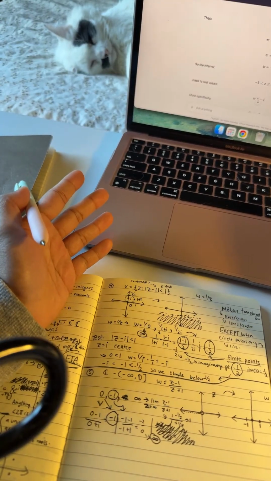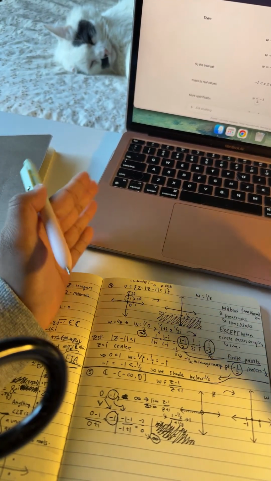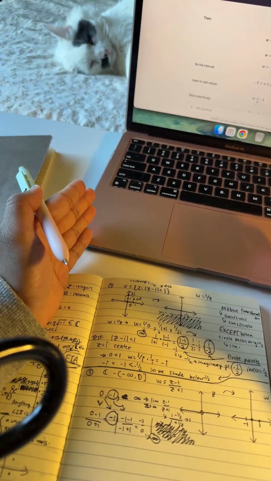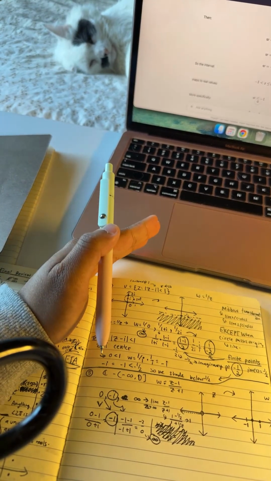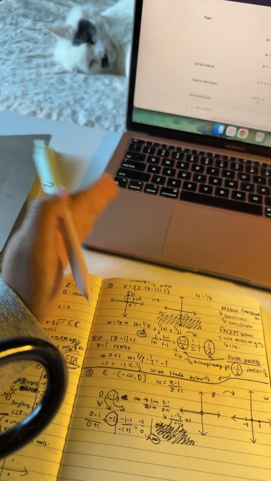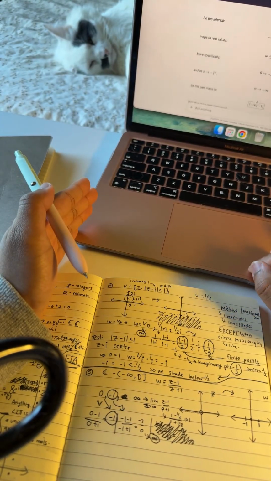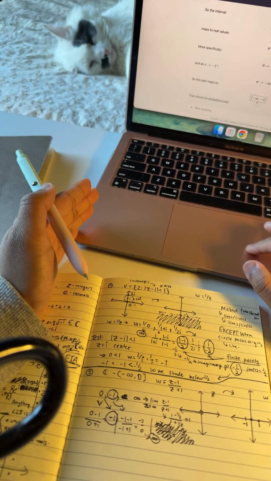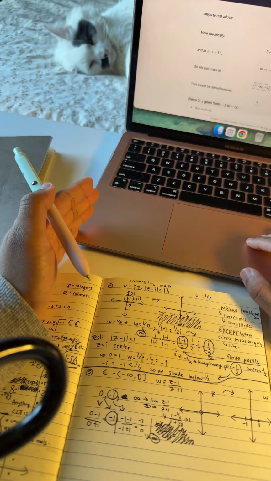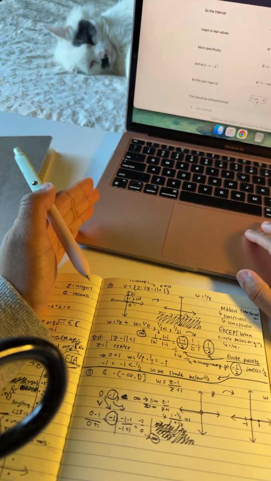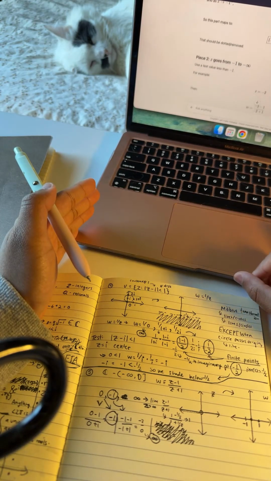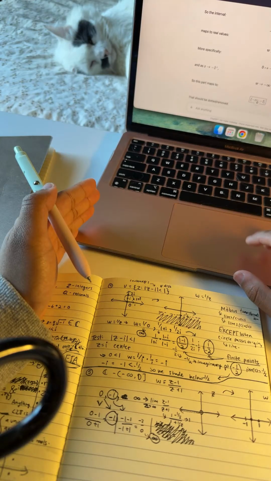So for z in between -1 and 0, the map to real values is less than or equal to -1. Negative infinity to -1.